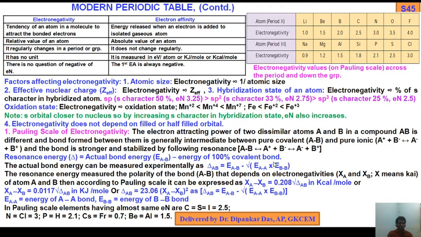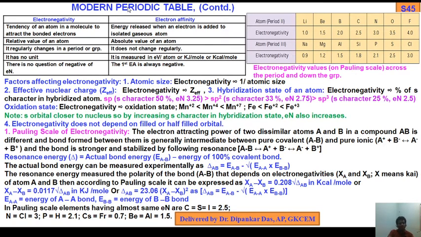So resonance energy, denoted delta, equals the actual bond energy minus the energy of the 100% covalent bond. This is very important. Resonance energy delta equals the actual bond energy E_AB minus the energy of the 100% covalent bond.